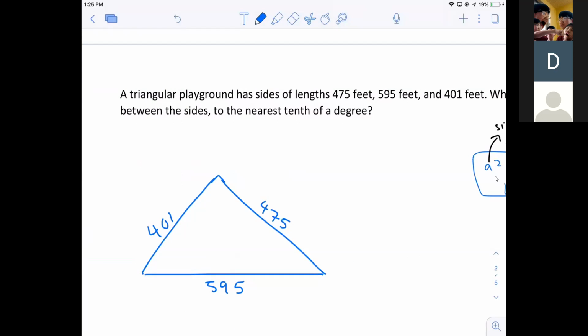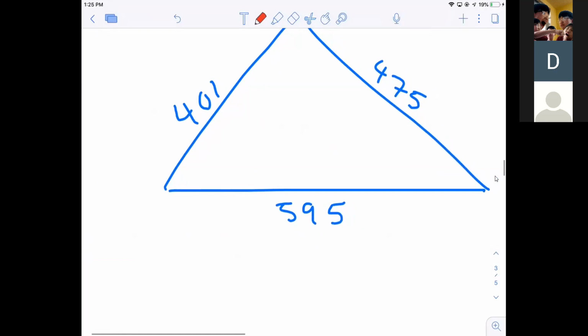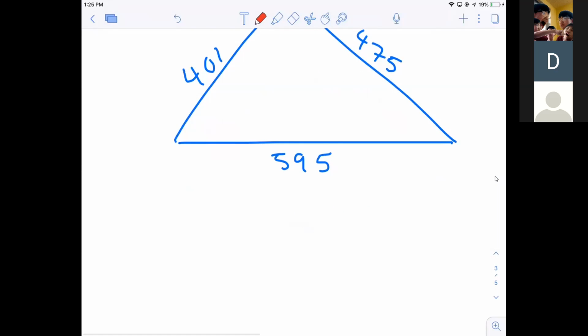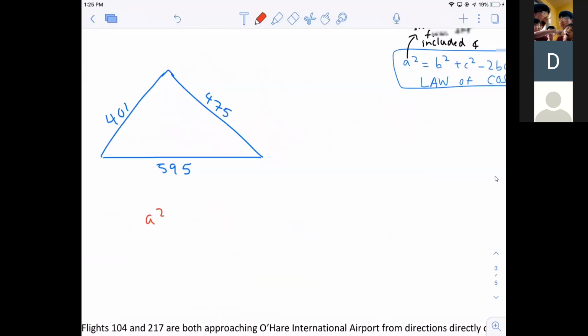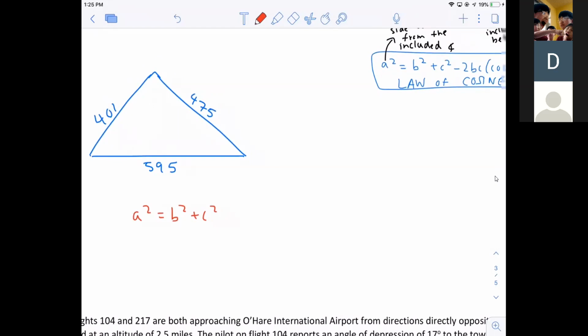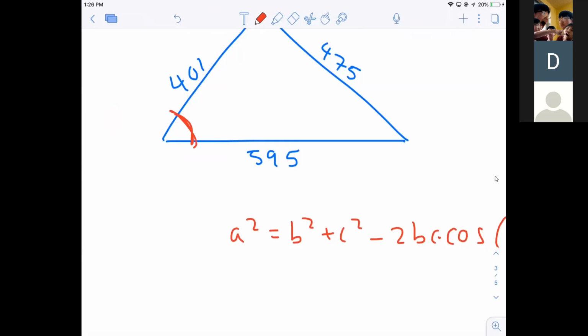All right, which angle do you want to find? The left one, the right one, or the top one? It doesn't matter. All right, someone type left one. All right. Let's find this angle. So if we're looking for this angle, well, let's see, A squared equals B squared plus C squared minus 2BC cosine of angle A. So I'm going to be calling this the included angle.